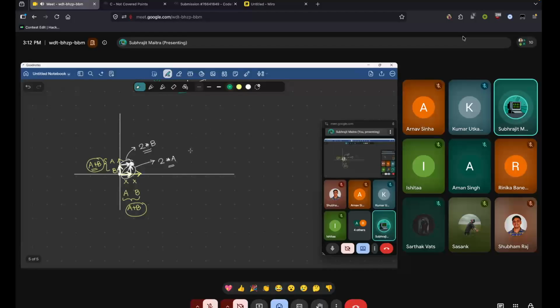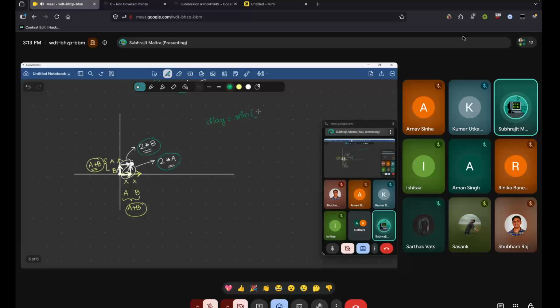So before even starting to move, I can choose which one is a better path for me. Whenever I want to take a diagonal path, should I take this or should I take this? That one I'll store in a variable known as diag.